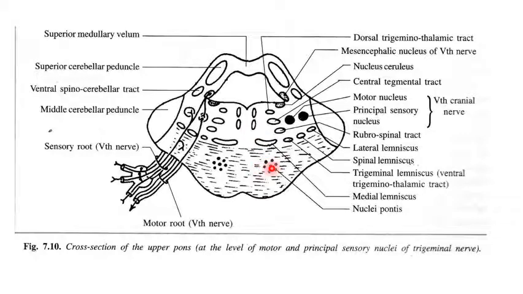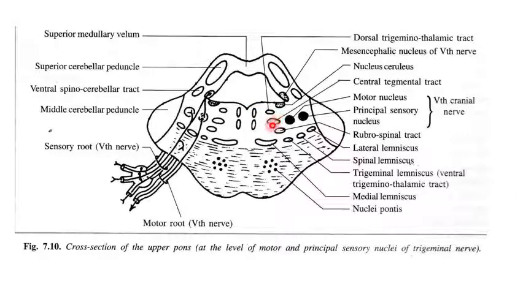The important points: nuclei pontis, basilar part, lemniscal system, medial lemniscus, trigeminal lemniscus, spinal lemniscus, lateral lemniscus, middle cerebellar peduncle, roof formed by the superior medullary velum, superior cerebellar peduncle, ventral spinocerebellar tract. Then close to the midline, medial longitudinal fasciculus, tectospinal tract, rubrospinal tract.